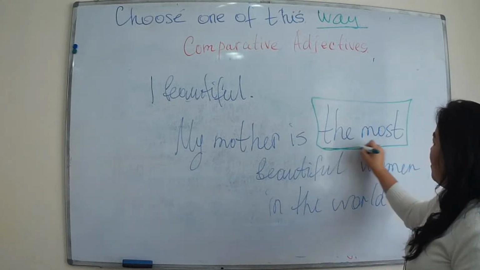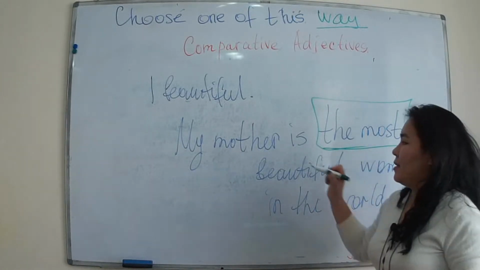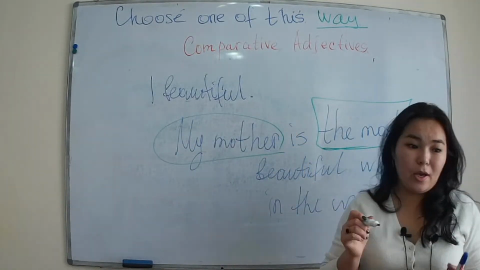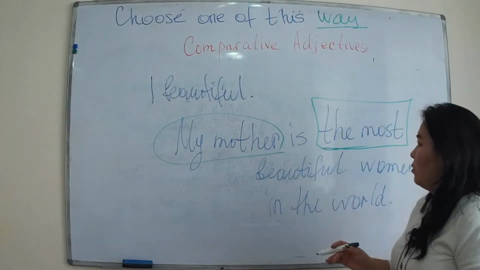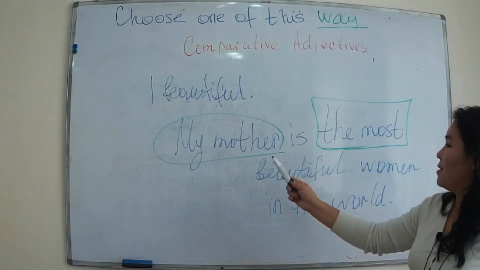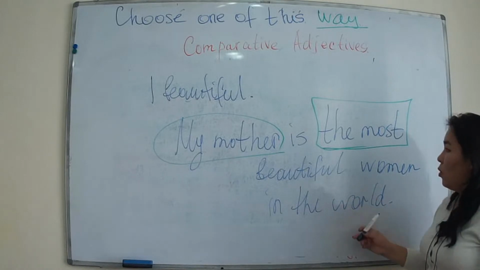The most helper helps us to describe that the noun which we are talking about is the best one in the world. So here we speak about our mother and we say that my mother is the most beautiful woman in the world.